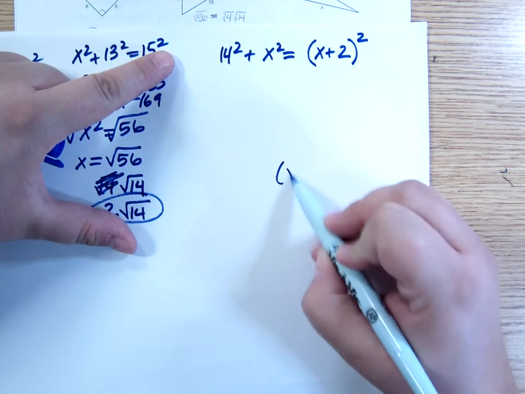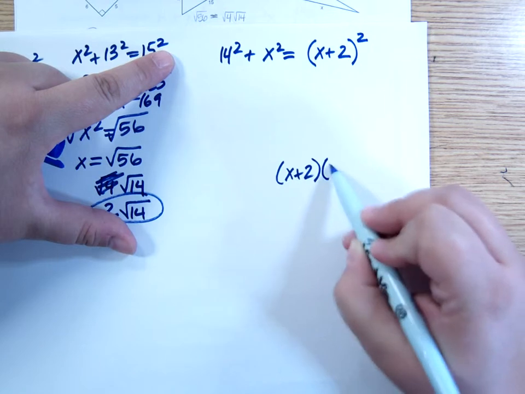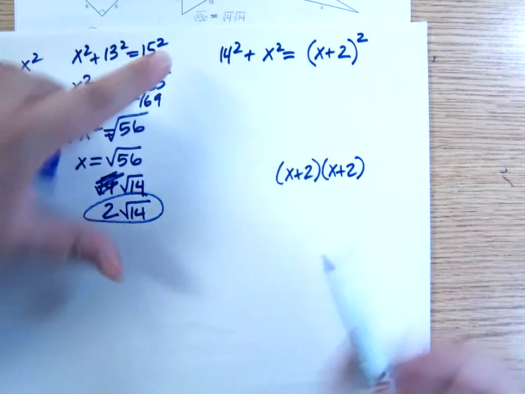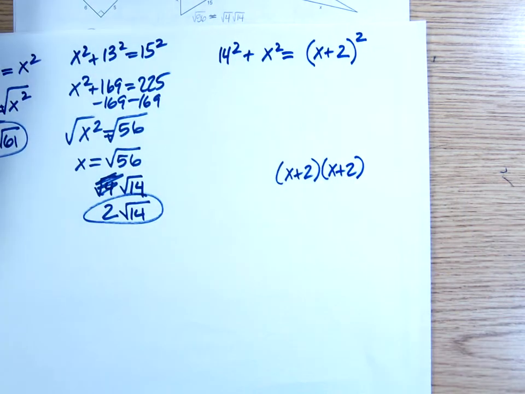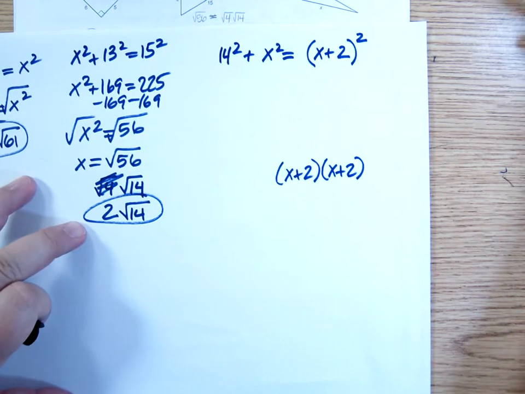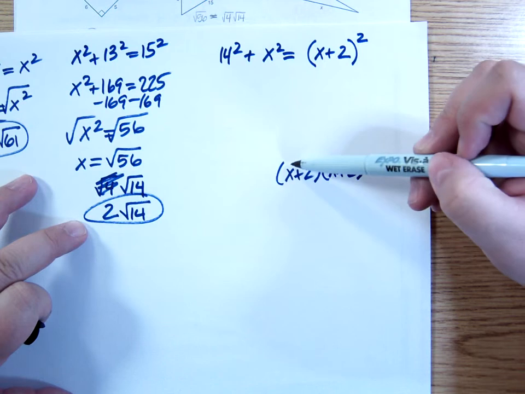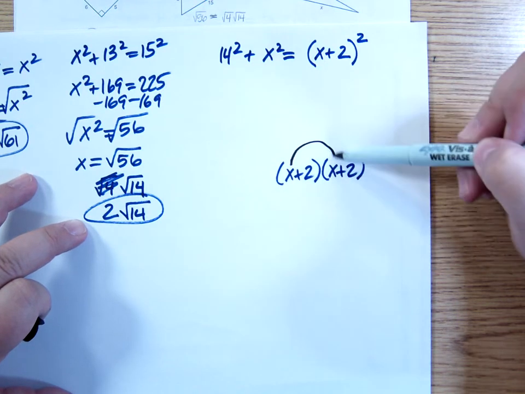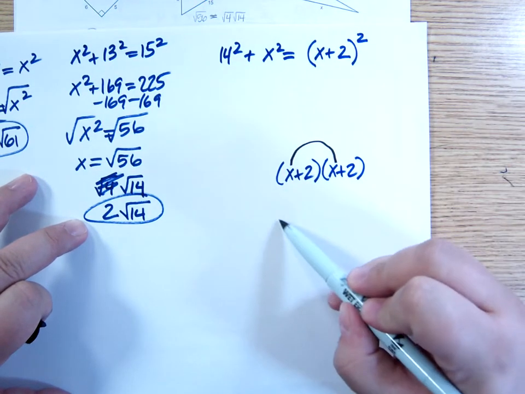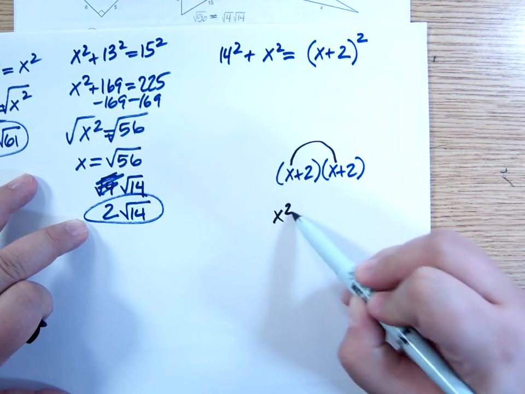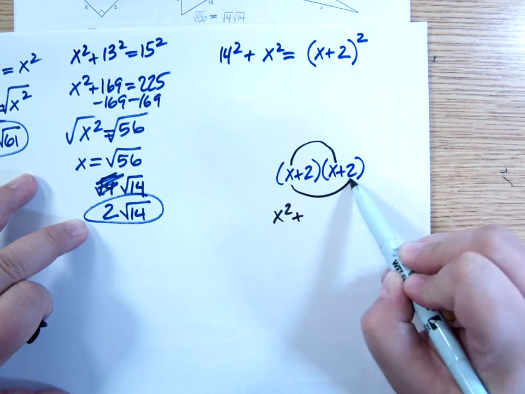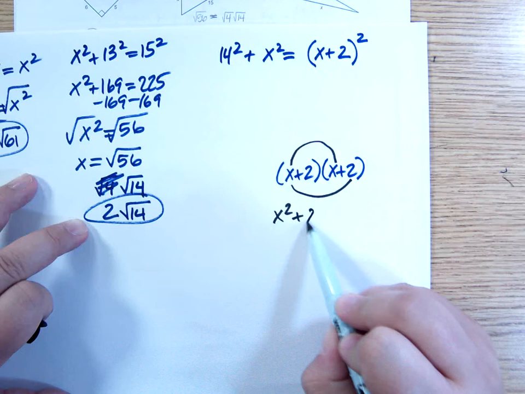When you square a binomial, no matter what you're doing with it, and it just so happens we're doing this in the course of the Pythagorean theorem, but this is really not about the Pythagorean theorem. This is just a basic algebra thing we might have to do anywhere. Squaring a binomial. So x times x, I'm doing FOIL, is x squared. X times 2, outer, is 2x.